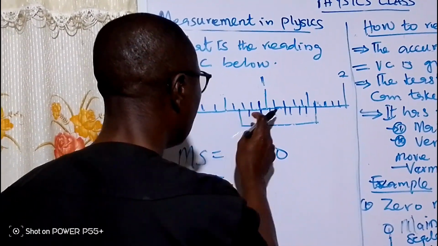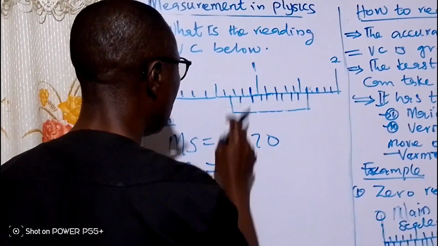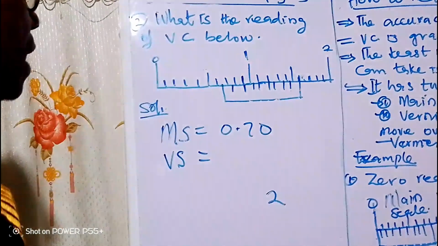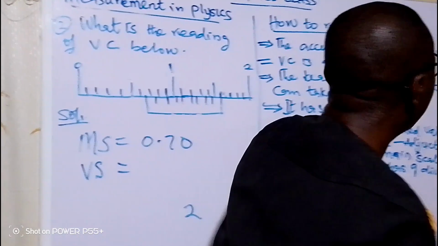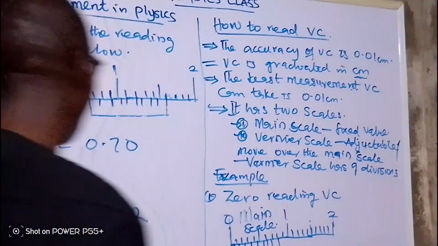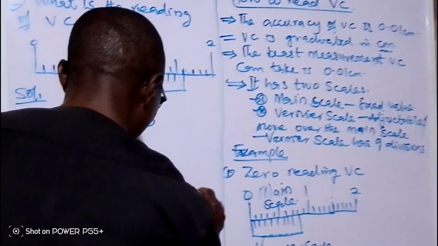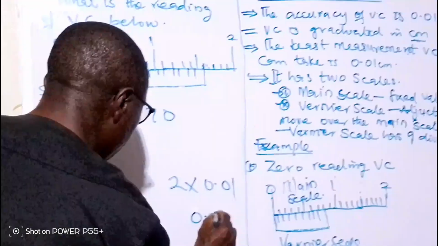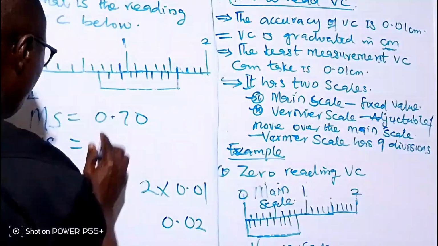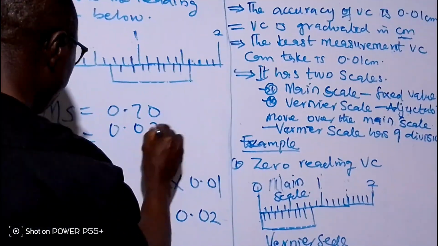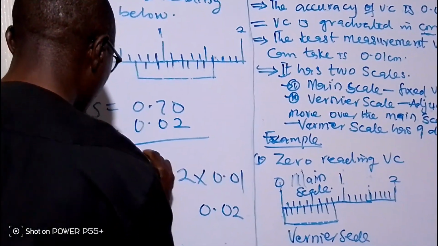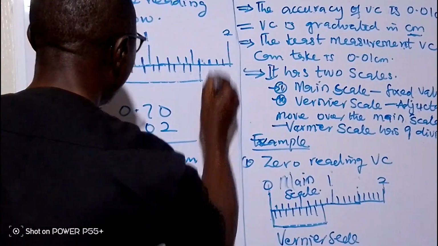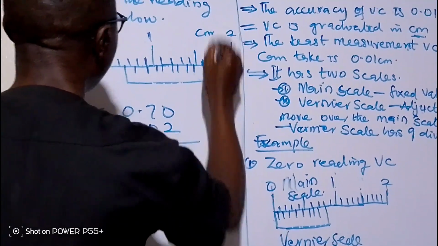That will be 2 for vernier scale. But the accuracy is 0.01, so you multiply by 0.01, and the answer is 0.02. Add this to the main scale reading: 0.72 centimeter, because it is graduated in centimeter. That's the answer.